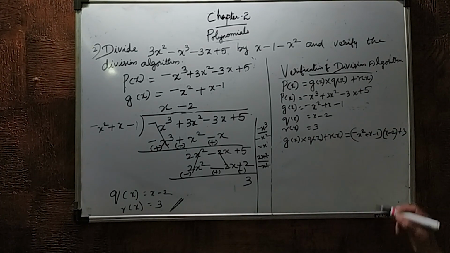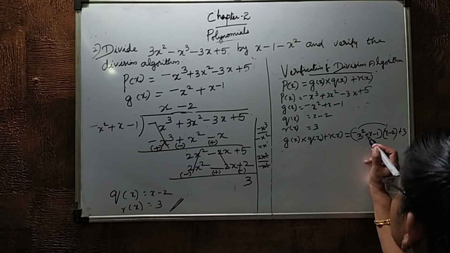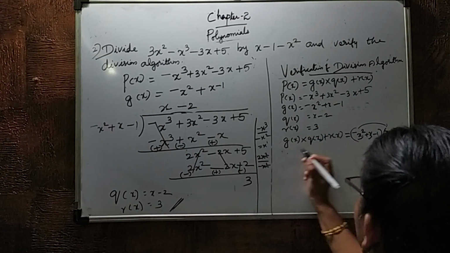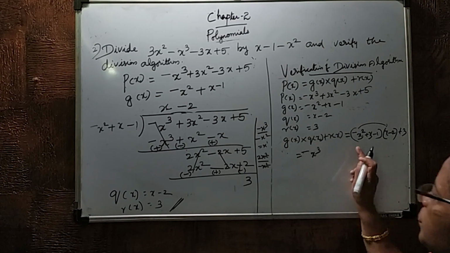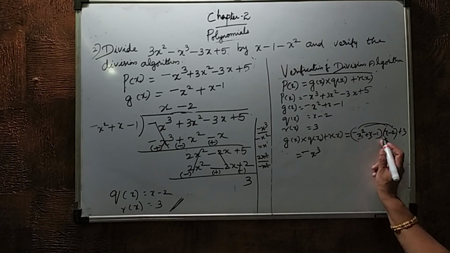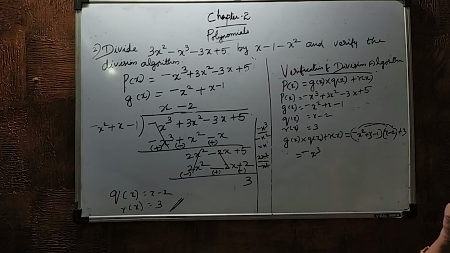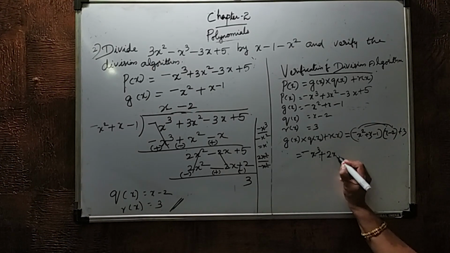Now you are going to multiply each one with each one. So negative x square into x, you will get negative x cube. Next again, negative x square into negative 2, it will be positive 2x square.